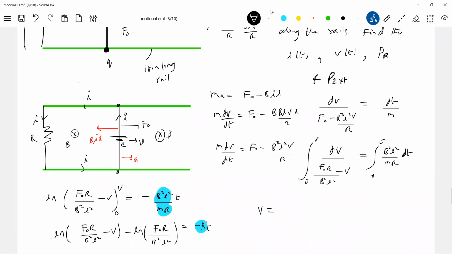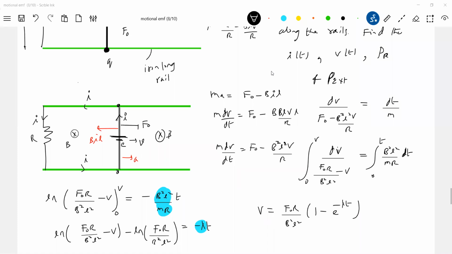So the equation for V will be, one minus, no. So this should be F naught R by B square L square times 1 minus. Just check it once. Okay, this one. So I got the expression for V.